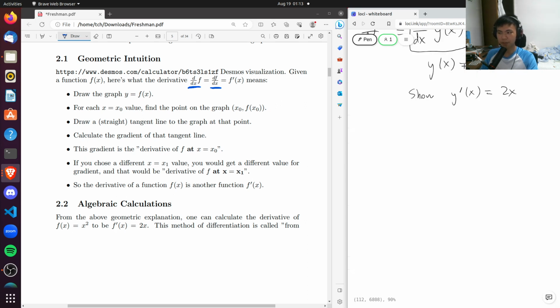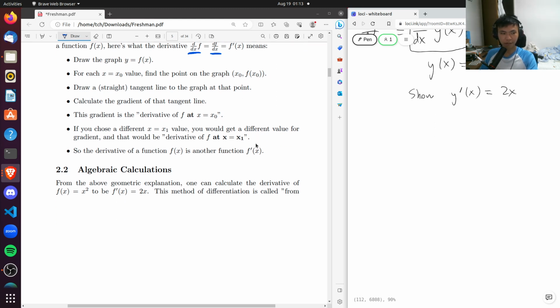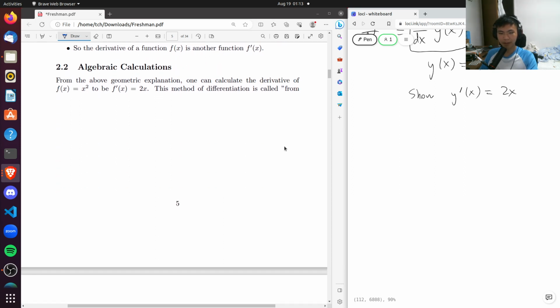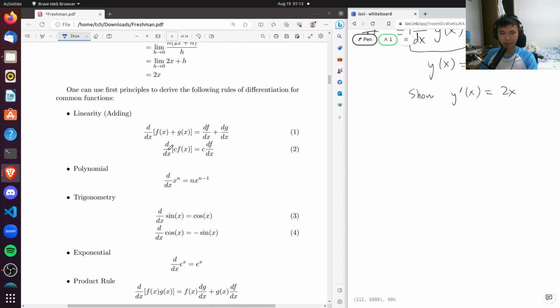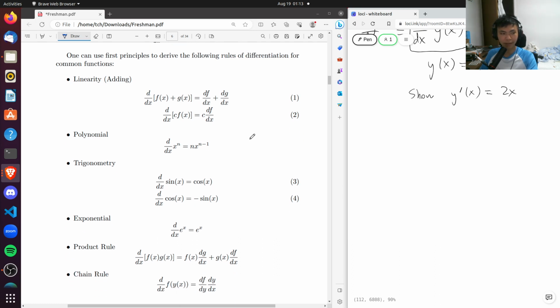So I'm going to show you how to derive that the derivative of x squared is 2x. And don't worry, we're not going to do this for every single function we meet along the way. We are just going to do this for y equals x squared. In future, we're actually going to have a bunch of derivative rules, rules for differentiation. Usually when you calculate the derivative of a function, you just apply these rules.